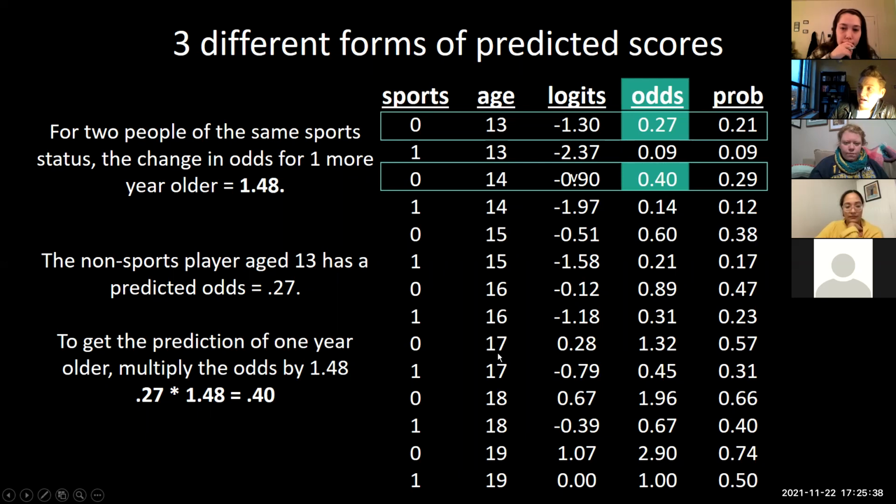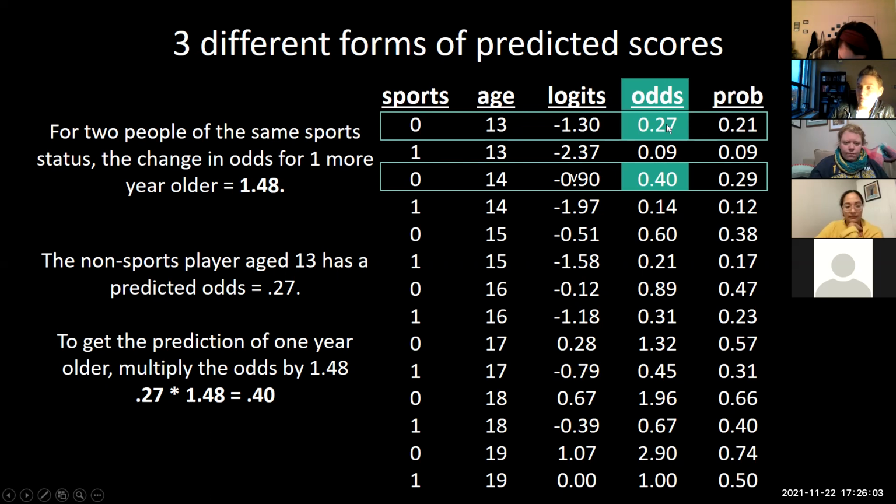So this odds, 0.40, is 1.48 times the odds when they were 13. So 0.27 times 1.48, this was our coefficient from our model, 1.48, results in 0.40.